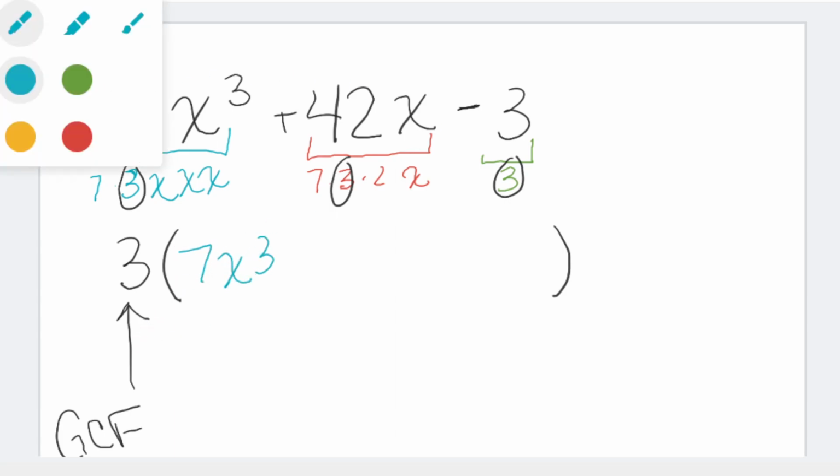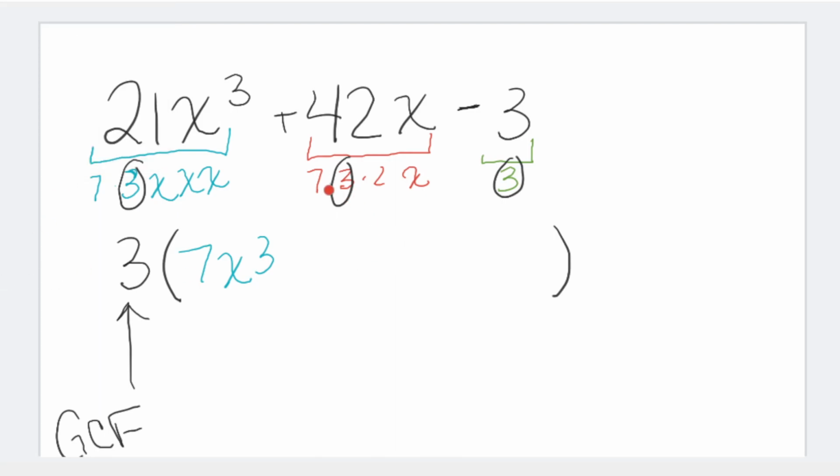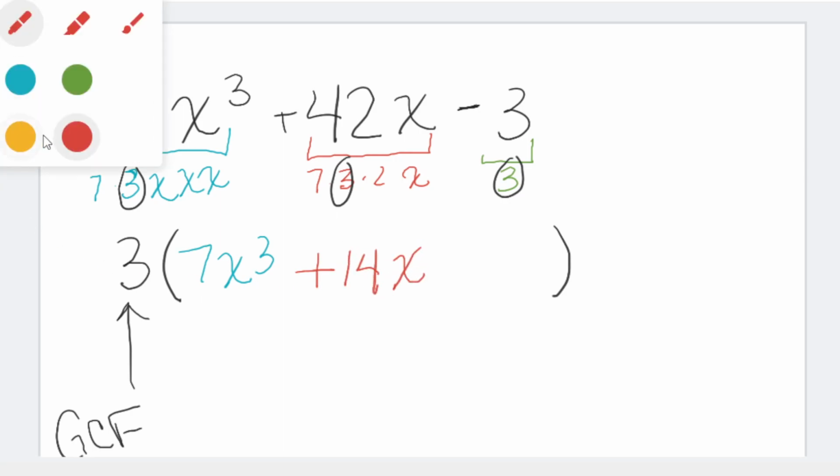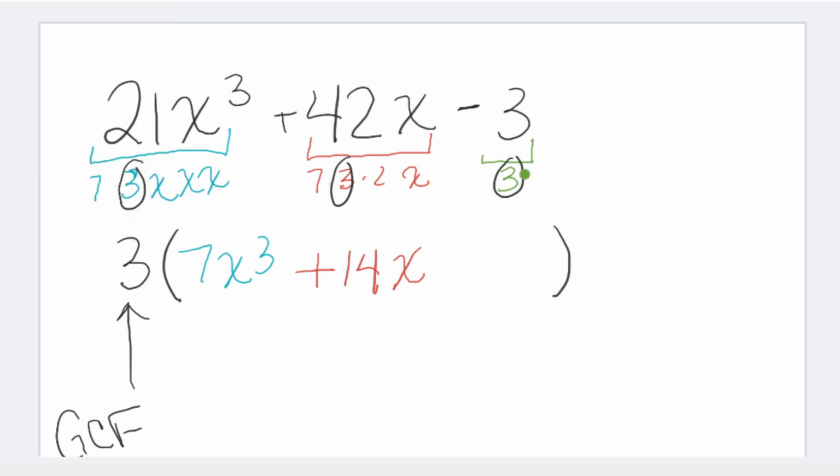Here in the red, I see that I have a 7 and a 2 and an x. So 7 times 2 is a positive 14, and then an x. Now, here with the 3, I use up all of the numbers that are there, but I need some kind of placeholder. So the placeholder I'm going to leave there is a 1.